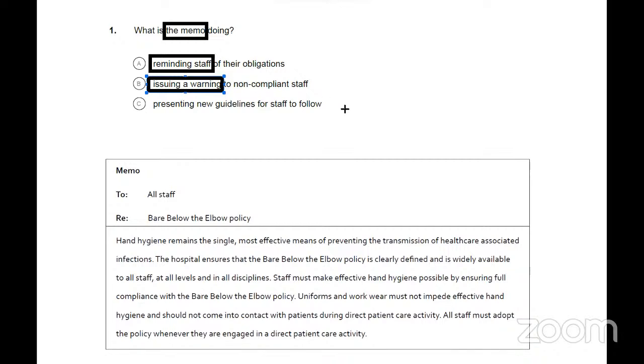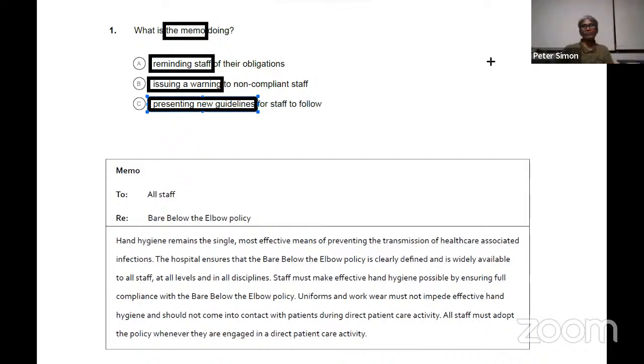Next one is presenting new guidelines. Presenting new guidelines.